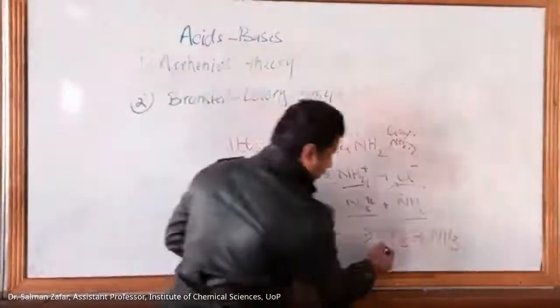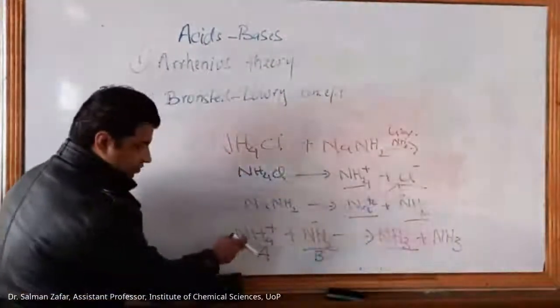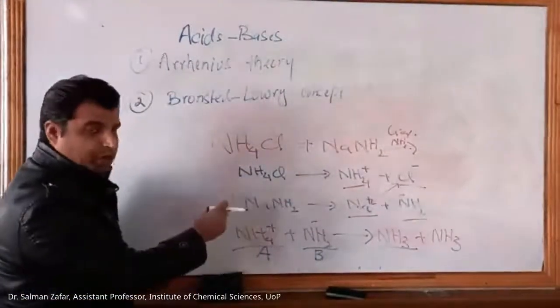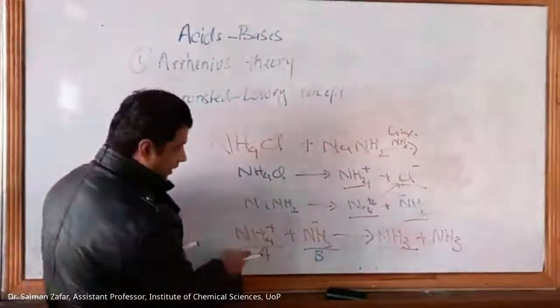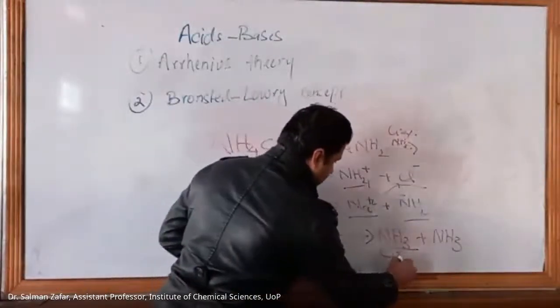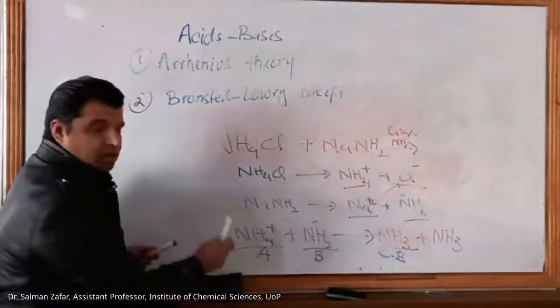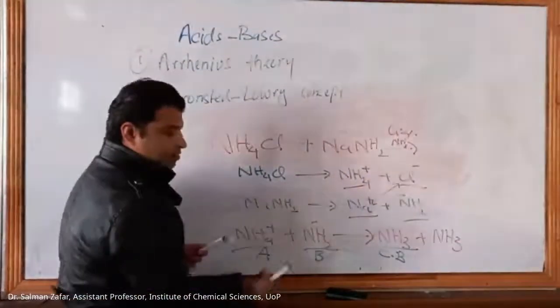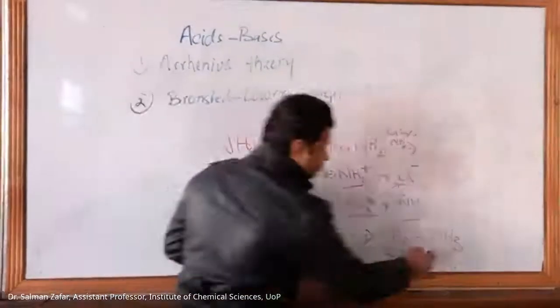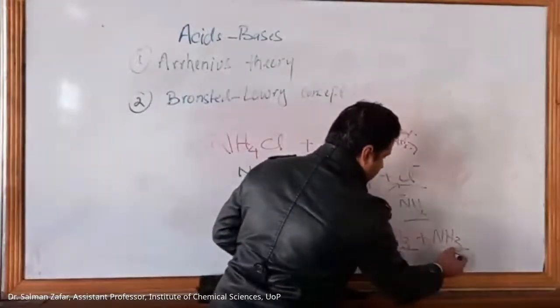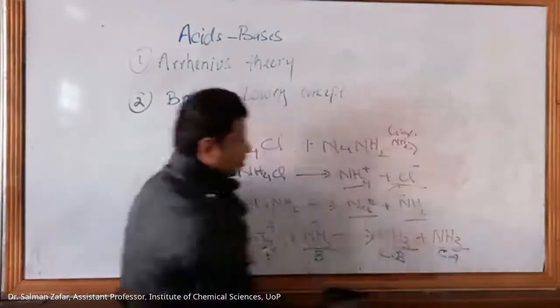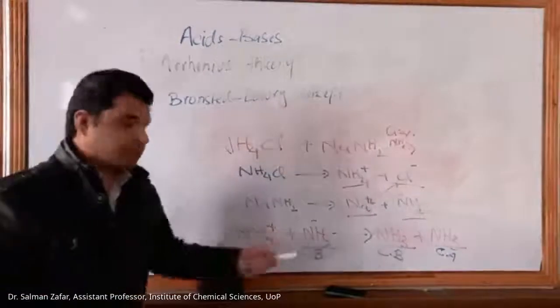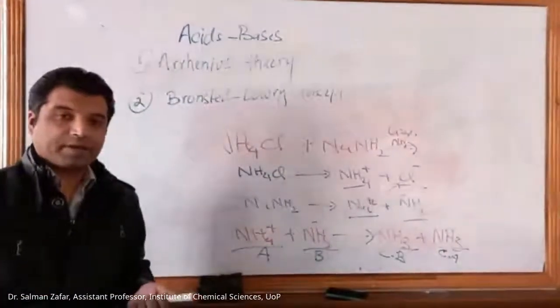So this ammonia that is produced after donation of hydrogen ion by ammonium ion is the conjugate base of the ammonium ion. And this amide ion, after acceptance of hydrogen, is converted into ammonia. So this ammonia is the conjugate acid of this amide ion.